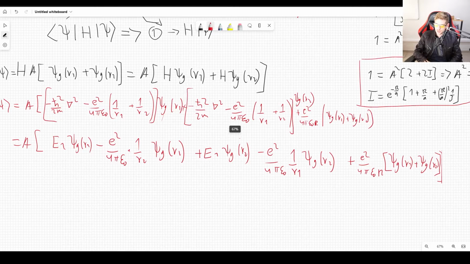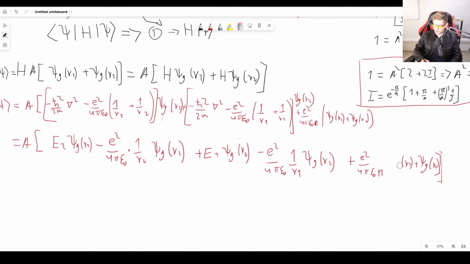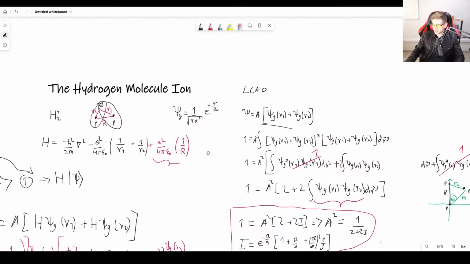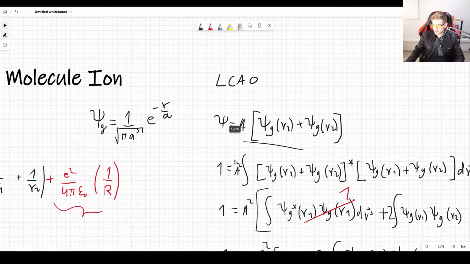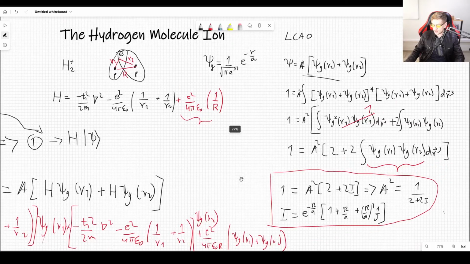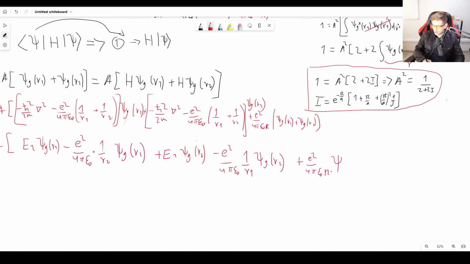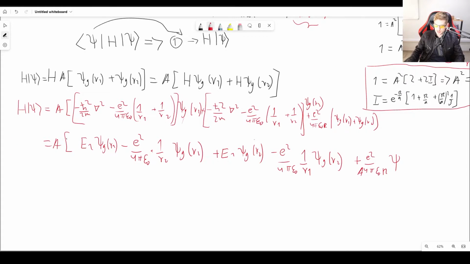Now, before we continue, there is something we can do to make this look better. We know that the sum of psi g r1 and psi g r2 is simply psi, right? That's literally what we defined psi to be, somewhere over here. We said psi is a times this, so maybe let's write it as psi over a. It will cancel out with the a that is out here, but I just don't have to write it out the entire time.